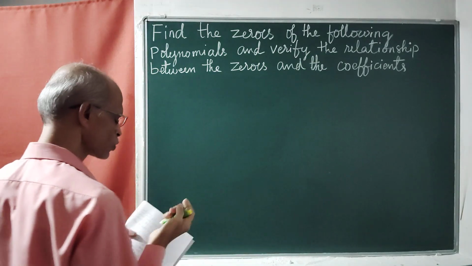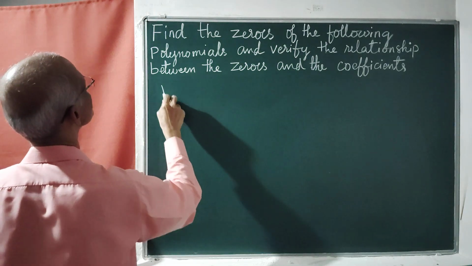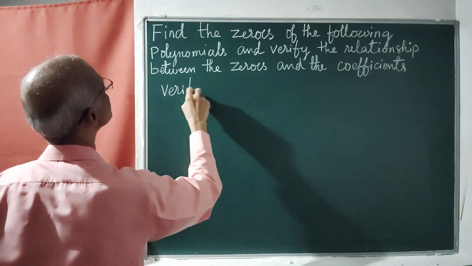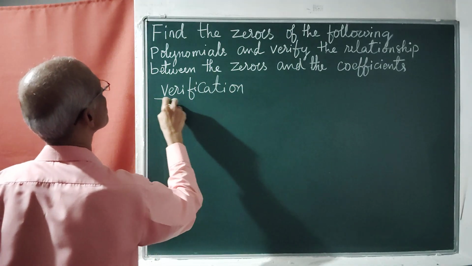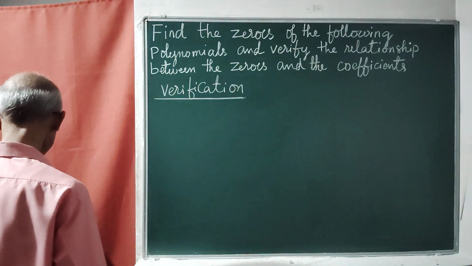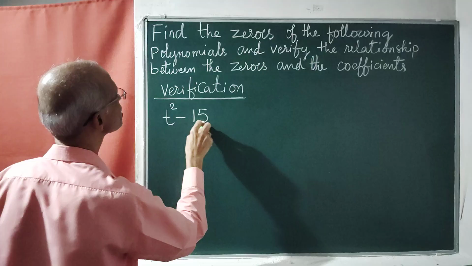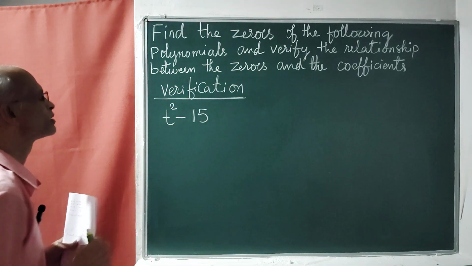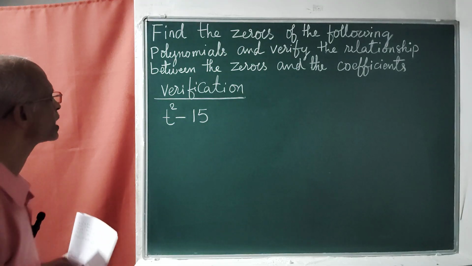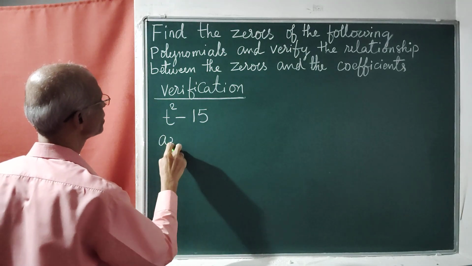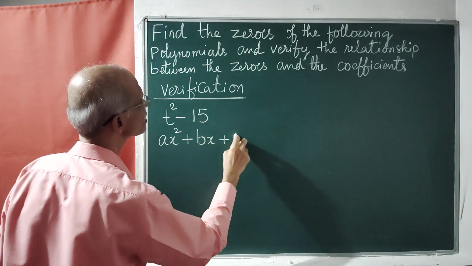Now we will go for the verification. t square minus 15 is the given polynomial. We will compare it with the standard form of a quadratic polynomial, ax square plus bx plus c.